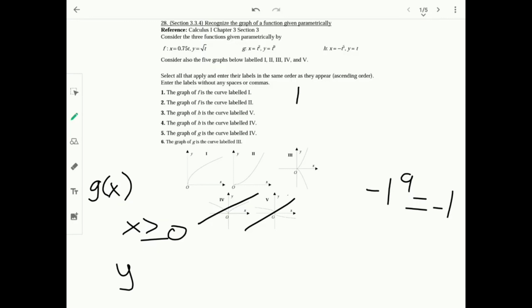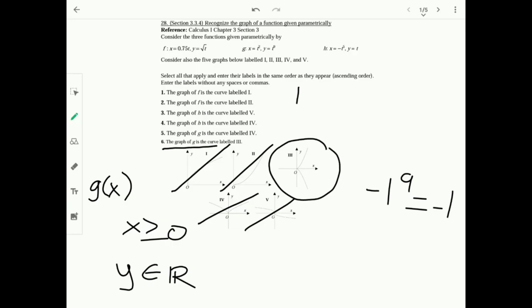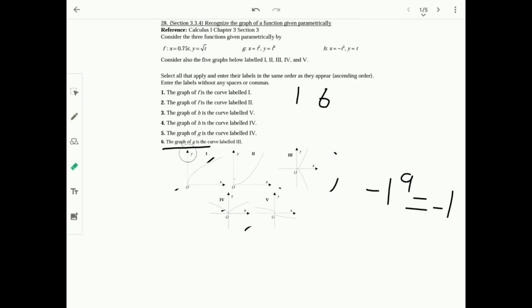So y can be negative or positive. So y belongs to the set of real numbers, in short. So it can be negative, I is wrong, it can be negative, double I is wrong, triple I is the only possible answer. And since the graph of g is the curve labeled triple I, 6 works. I'm going to put 6 here because one more has to be the answer. So let's just see what h is now, and then we'll finalize this question.